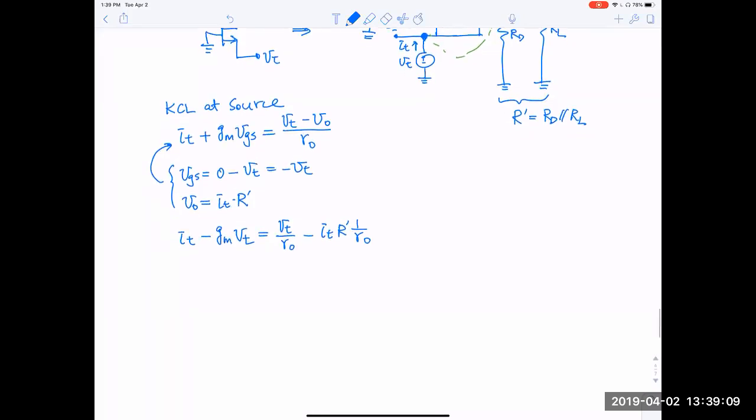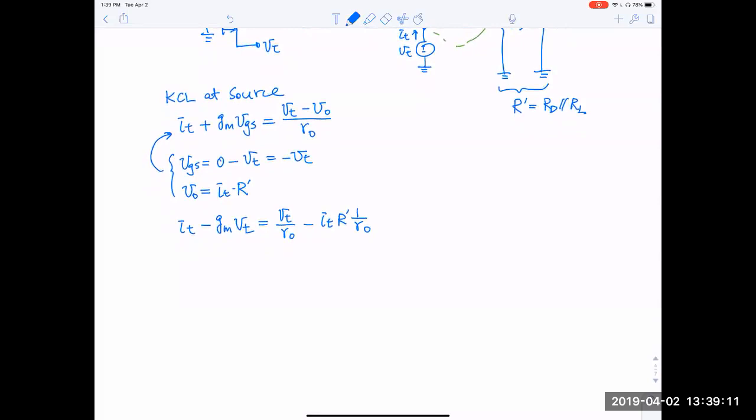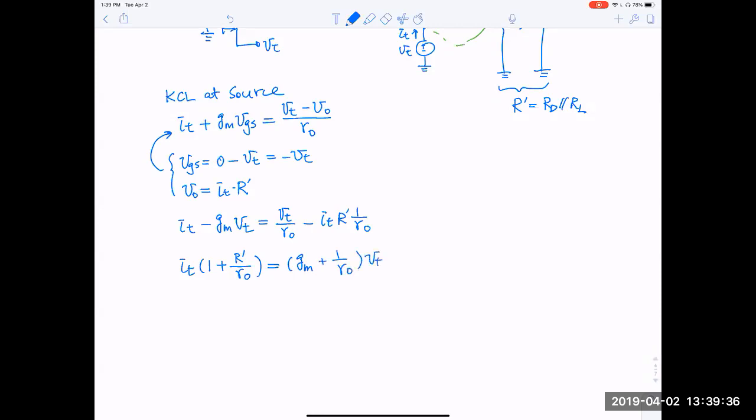Rearranging the terms, we'll have IT times 1 plus R prime divided by R0, which is equal to GM plus 1 over R0, times VT.